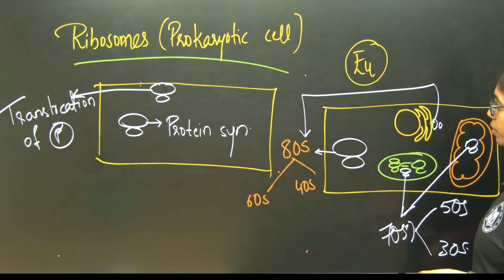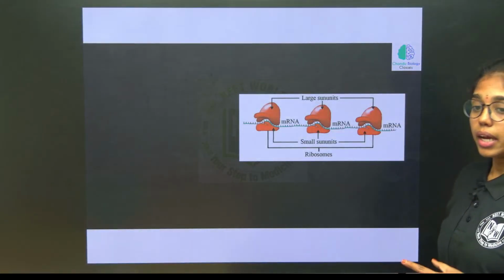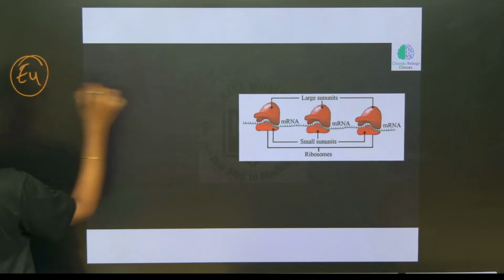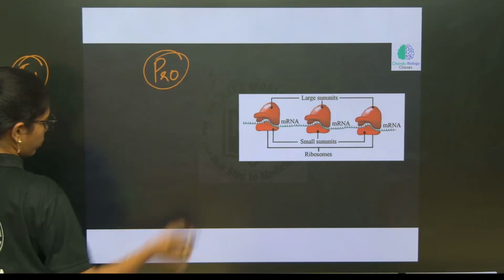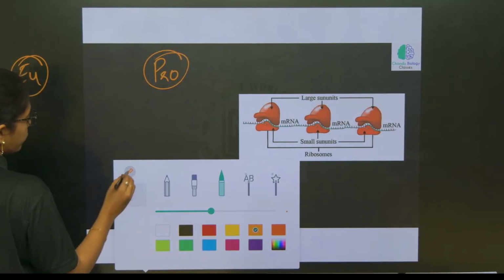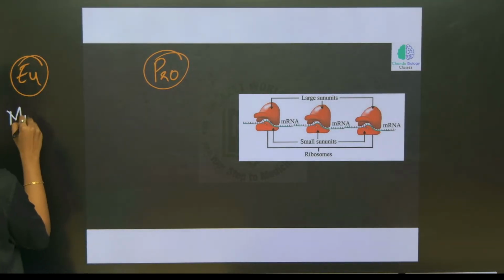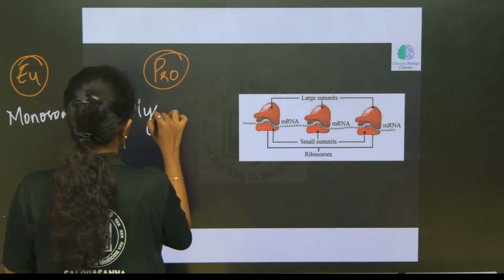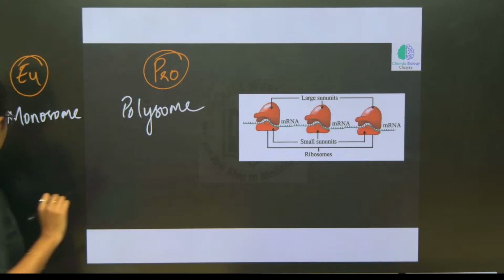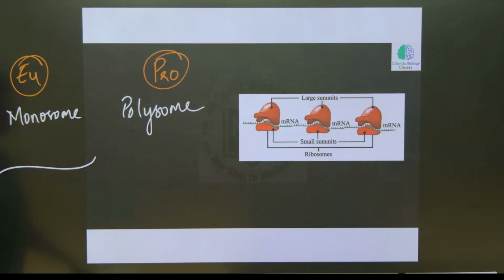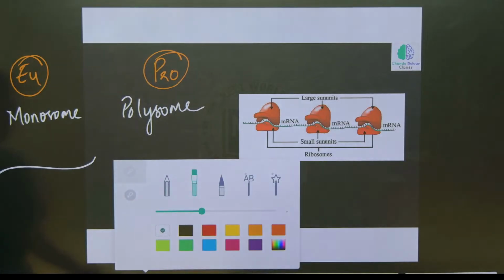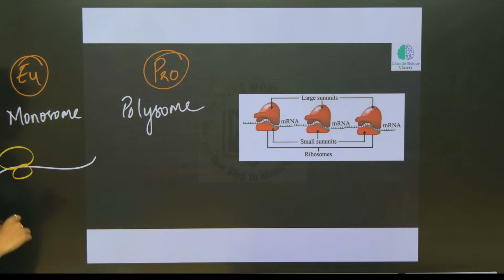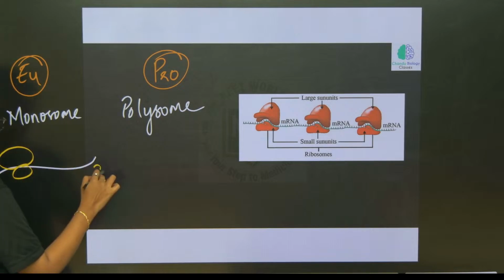And then the monosome and polysome condition, both in eukaryotic cell and prokaryotic cell, you have to be clear with. Monosome is when over the mRNA, during translation, only one ribosome is attached to it, from 5 prime to 3 prime.